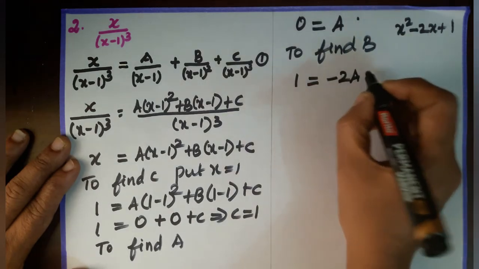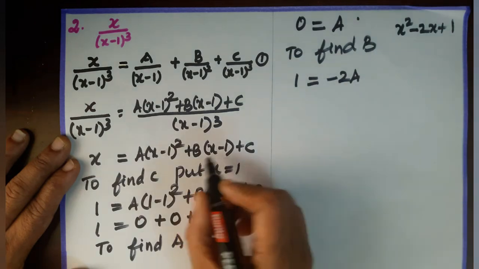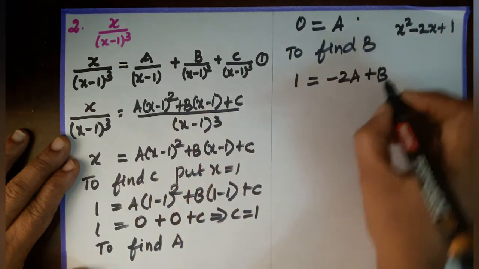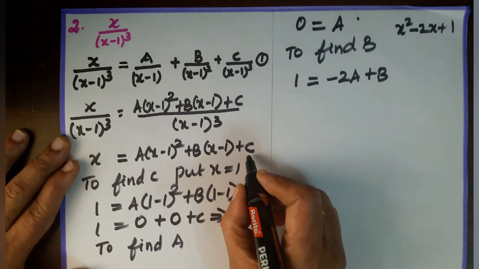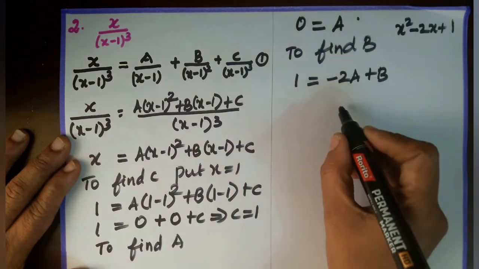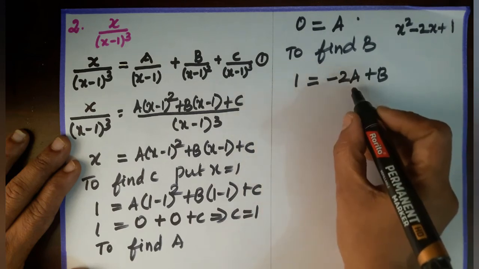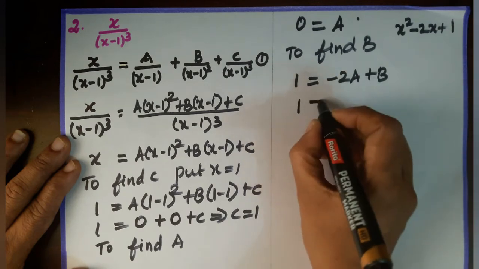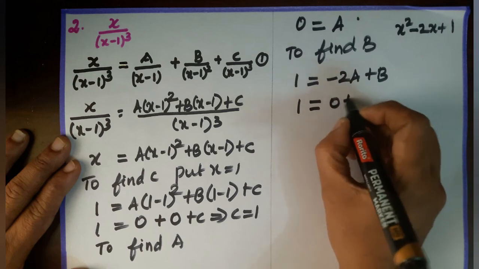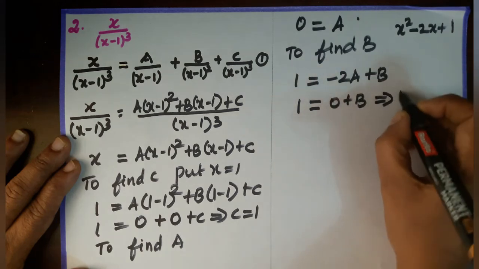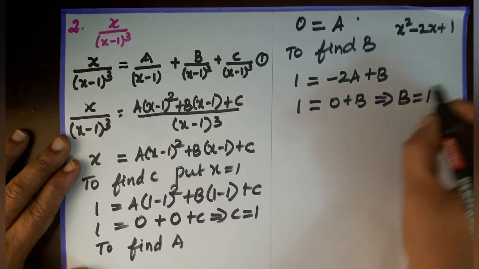The coefficient of x in the second term is plus B. In the third term we do not have the coefficient of x. We already know the value of A is 0. Substitute the value of A as 0. Then we get 1 equal to 0 plus B, which gives B equal to 1.